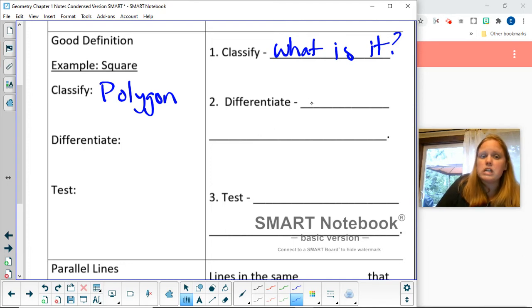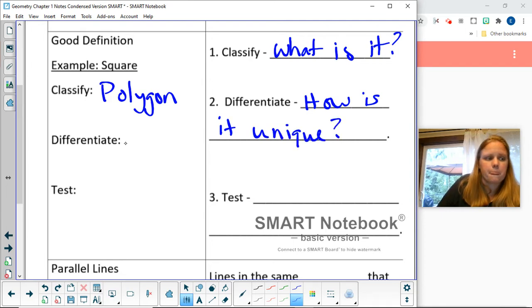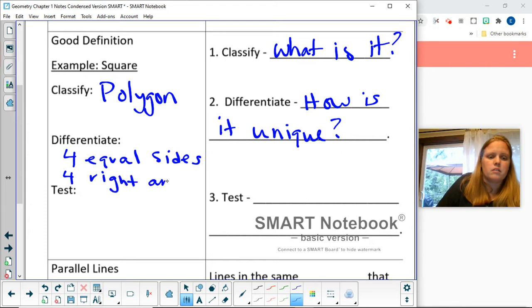What makes it unique from other polygons? All right, so special things that make it unique from other polygons. It has 4 equal sides, and it has 4 right angles.